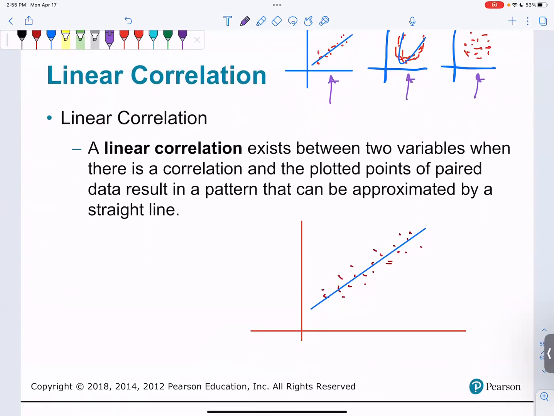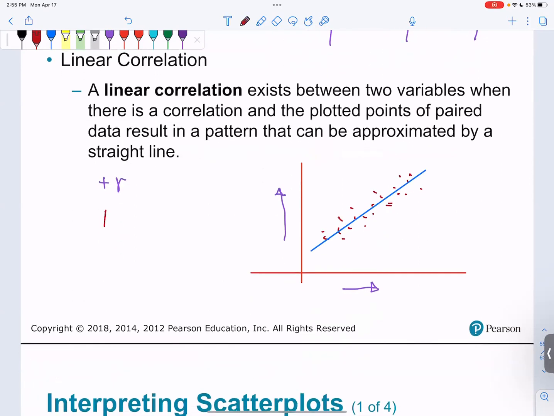And then we did say the direction of this relationship. If the value of R is positive, then the relationship will be positive. So as one variable increases, the other one will increase too. If R is negative, the relationship might look like this, where as one variable increases, the other one will decrease.